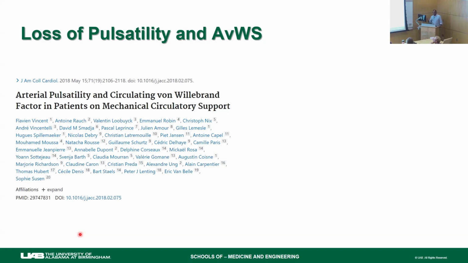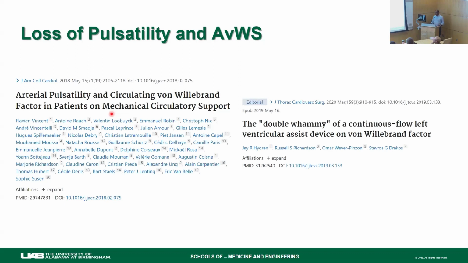What really piqued our interest is a publication that came out in 2018, where they looked at arterial pulsatility and circulating von Willebrand factor in patients with mechanical circulatory support. They found a dose response between the level of pulsatility and the amount of von Willebrand factor degradation. Not only did they find that von Willebrand factor was degraded as you lost pulsatility, this is a review article that came right after this because the field got very excited.